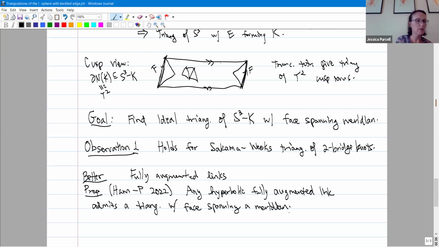And in fact, when these are hyperbolic, you can take this to be a geometric triangulation. That's the result that we were interested in in that paper.